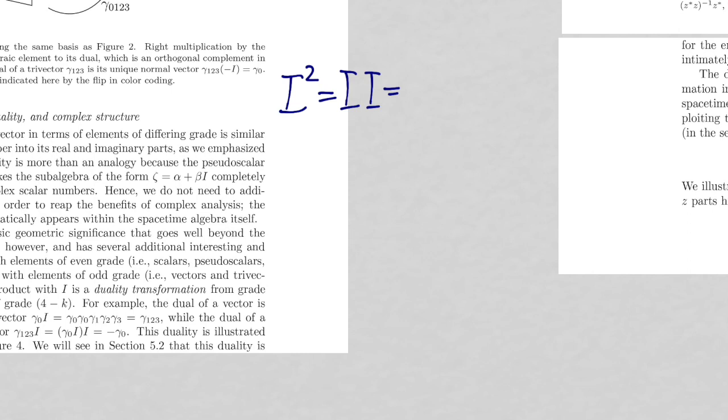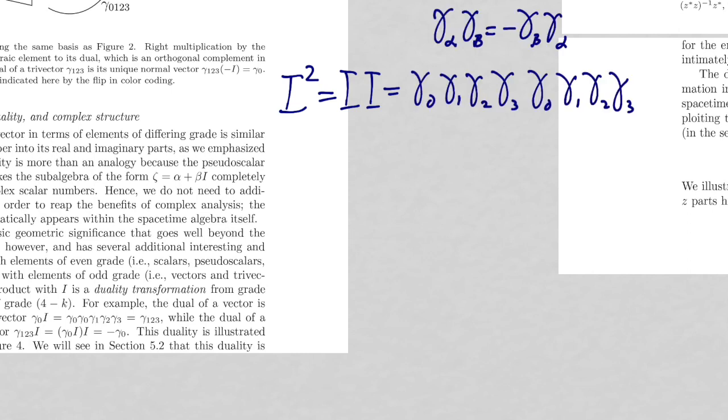And you have to be very facile using this rule that for basis vectors that are orthogonal, they anti-commute, right? So you can switch A and B as long as you introduce a minus sign. So if you write this, and the fact that the spacetime product itself is associative, these two facts together allow you to start shuffling these things around until everything is next to each other, and you end up with gamma 0, gamma 1, gamma 2, gamma 3, each of them squared.